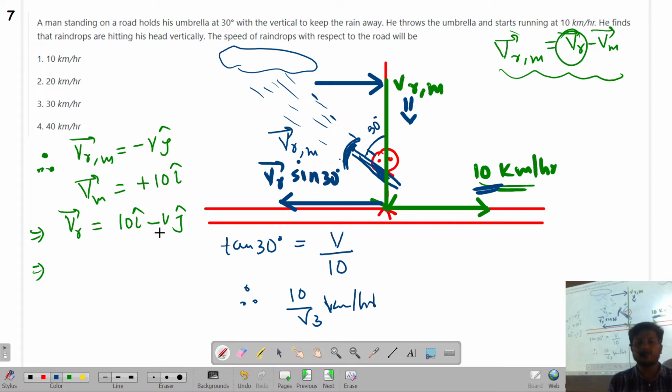Now, as you have formed the equation over here, can you calculate the velocity of rain out of it? But I'm feeling like we can do it with a trick. Why go in such a longer way?